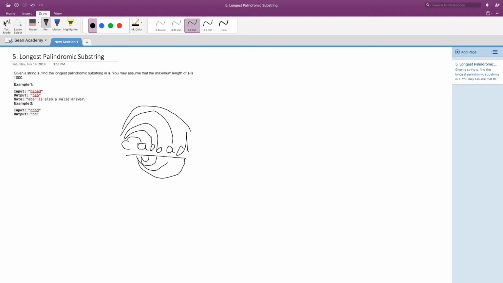So we would have n plus n minus 1 plus n minus 2 down to 1 possibilities of the substring.